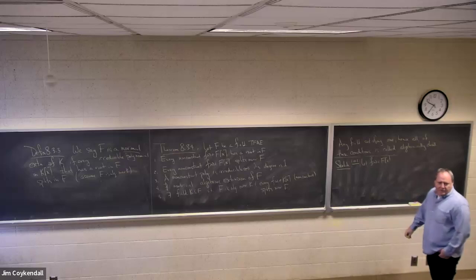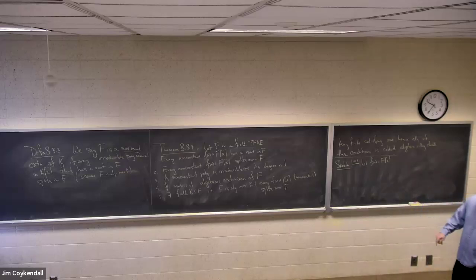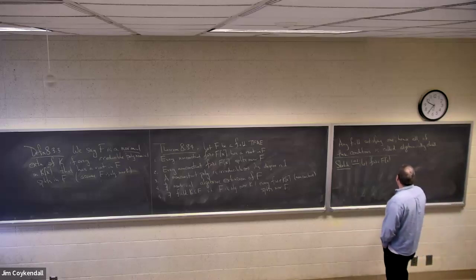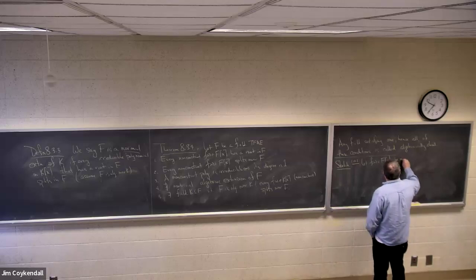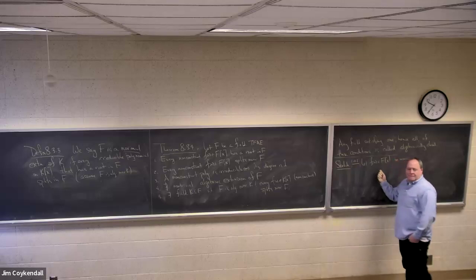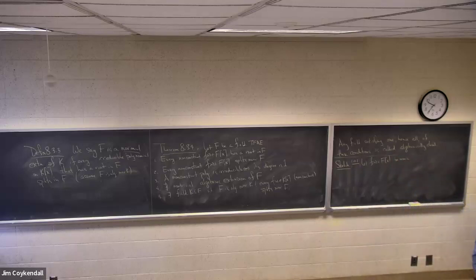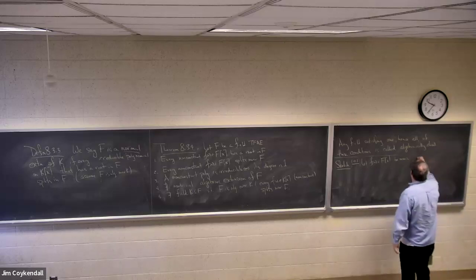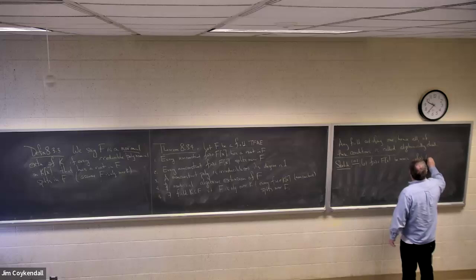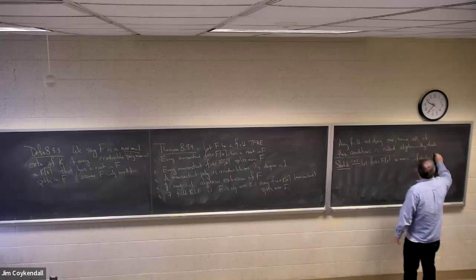Let f of x be a polynomial. I want to use the fact that f of x has a root to show that it splits. We can take f of x to be monic, because otherwise I'll just multiply by the inverse of the leading coefficient. The fact that it has a root means that f of x is x minus root 1 times f1 of x.